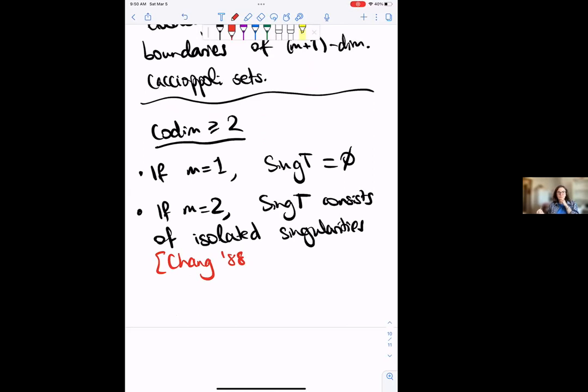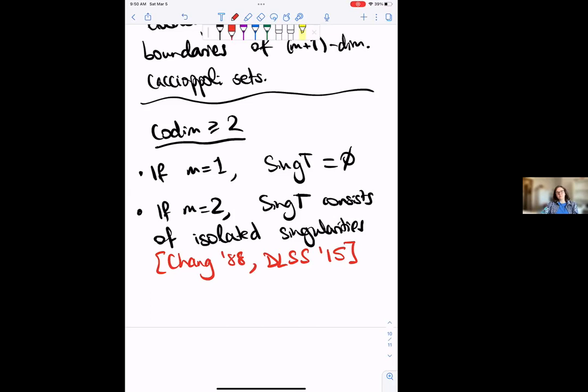Chang didn't prove rigorously that this thing exists, and it turns out that it's actually non-trivial to show the existence of such a thing. More recently, De Lellis, Spadaro, and Spolaor, in a series of papers, showed the existence of this and made Chang's proof more transparent and simplified some aspects of it.